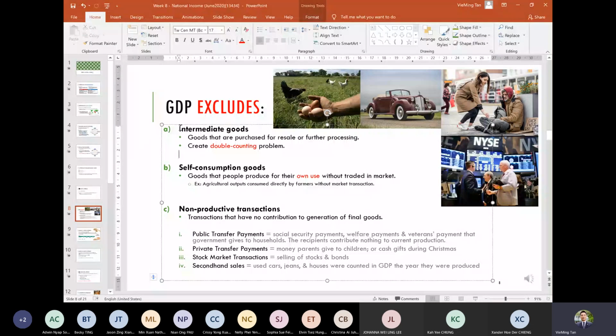Intermediate goods are unfinished goods, used only to produce more products in the future. They are not for sale, but to produce more products, and we call these intermediate products.